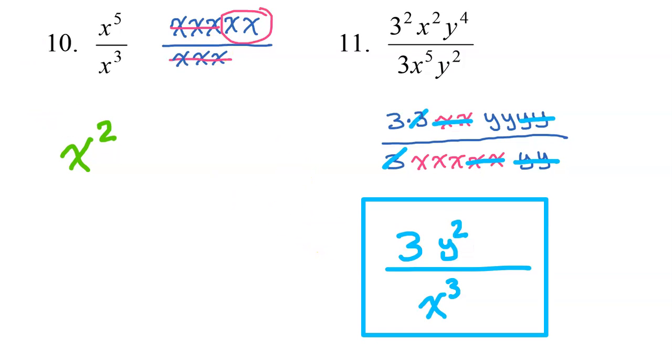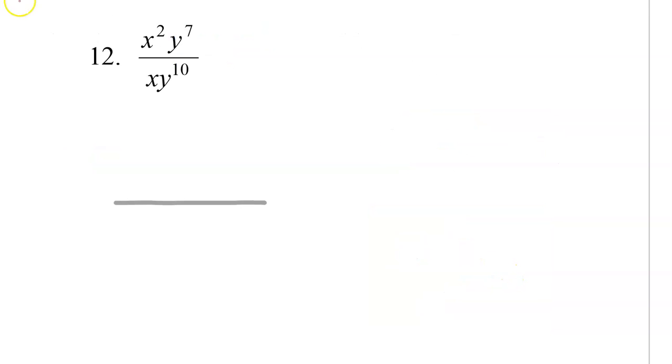Either way, you get the same answer, so whichever method works best for you. I'm going to solve problems that second way because that's what I'm more comfortable with. So the x in the denominator will cancel out one of the x's from the numerator. So that's going to leave behind a single x.